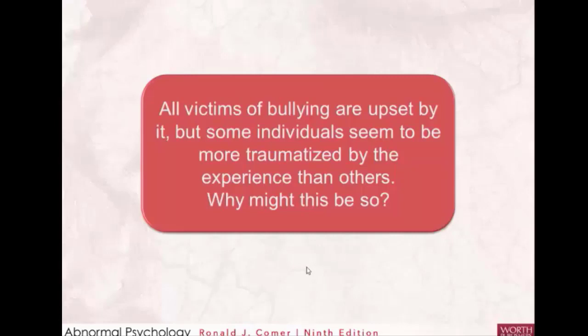fall back on. So when we're talking about disorders of childhood and adolescence, some of these disorders are disorders we've already talked about as adult disorders as well. So things like depression. We think of depression as being an adult disorder.